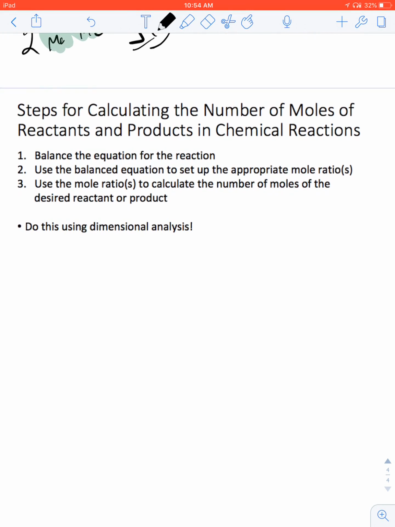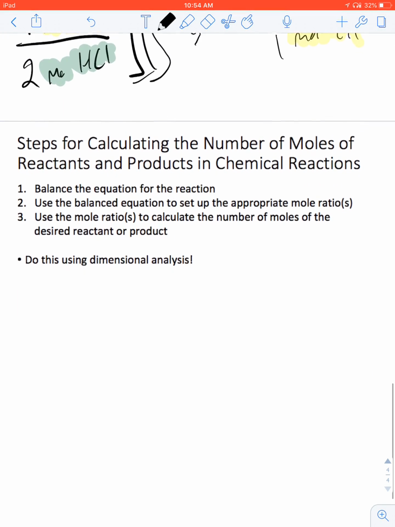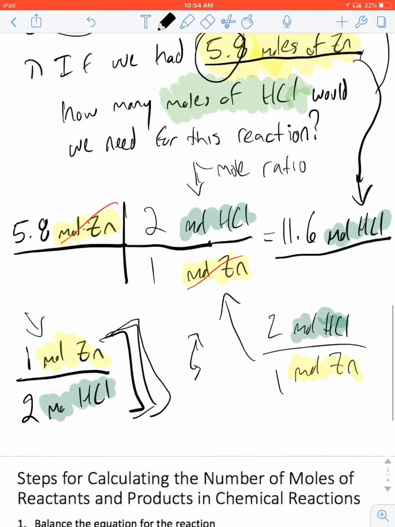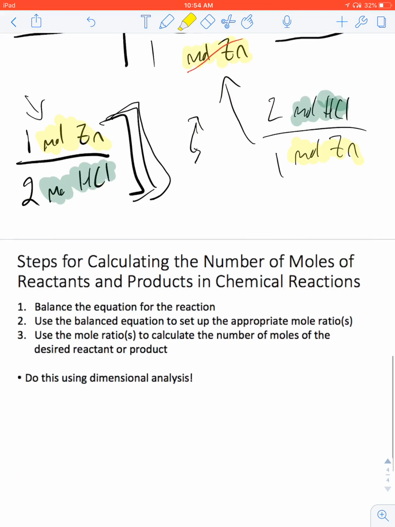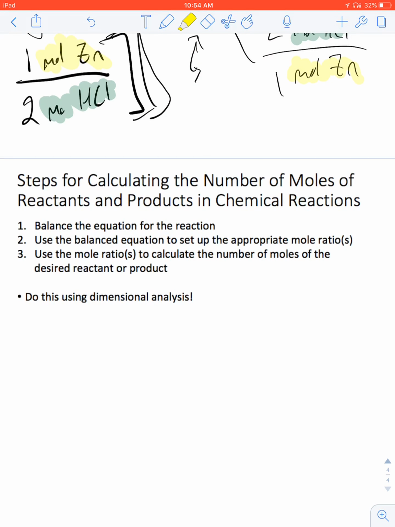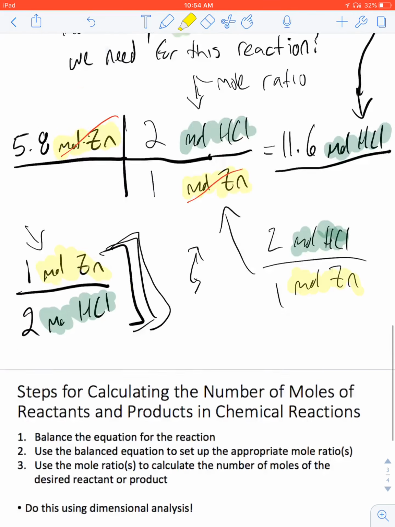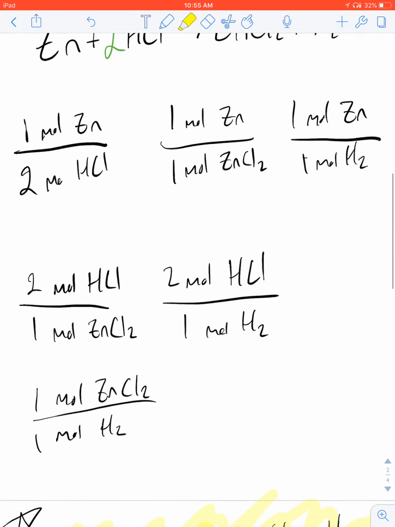Steps for calculating number of moles of reactants and/or products in chemical reactions. 1, we started with the balanced equation, right? Up here we have our balanced equation. 2, we use the balanced equation to set up appropriate mole ratios. We did that up here.